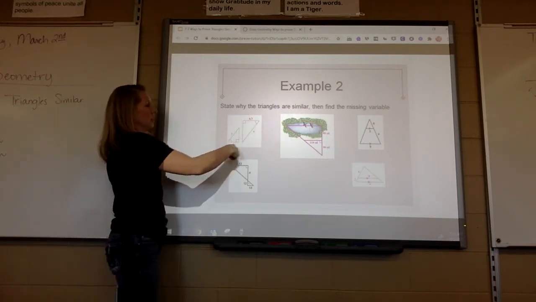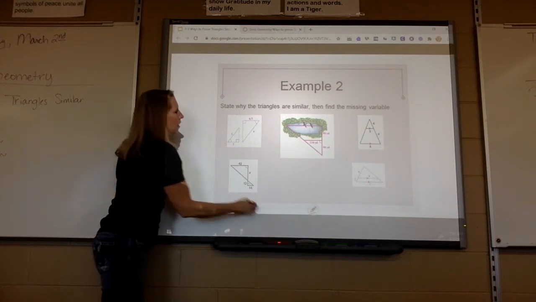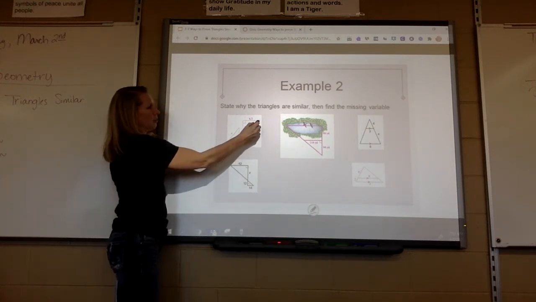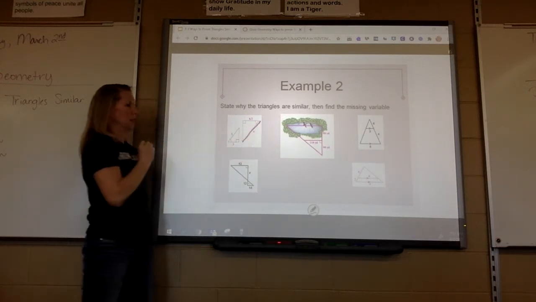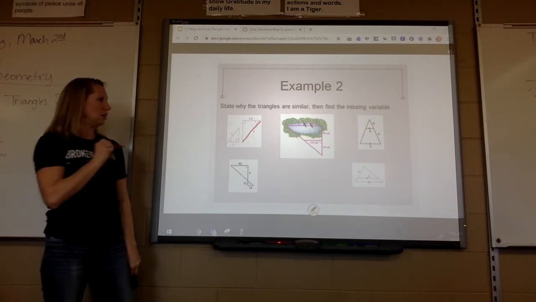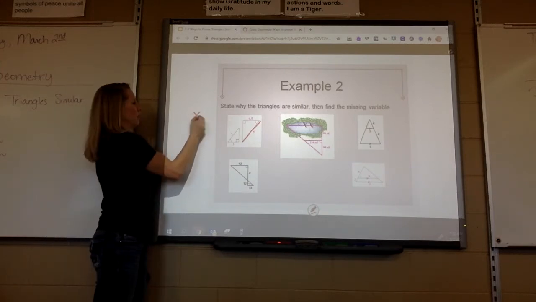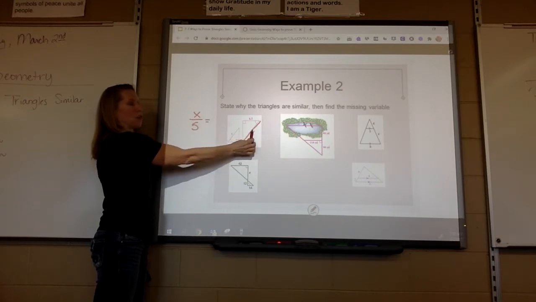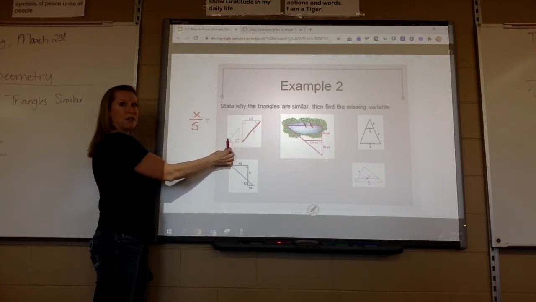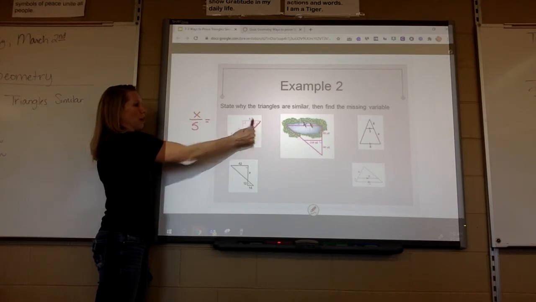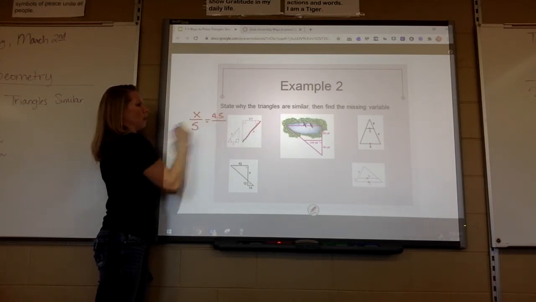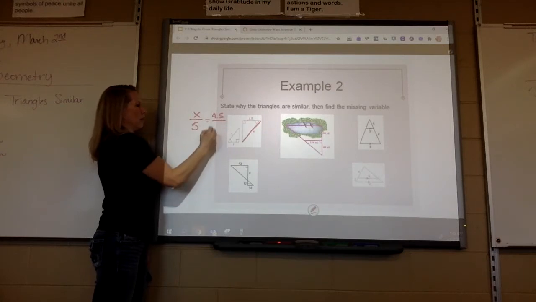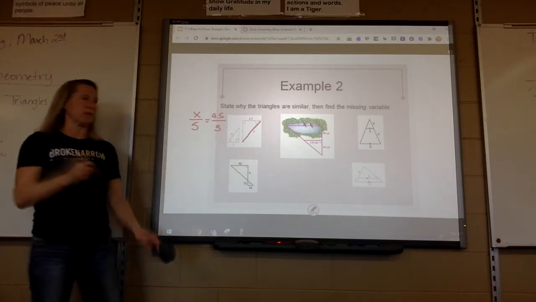If I look at this example right here, and I want to find x, what does x correspond with on the other triangle? 5. So I would do x over 5 equals, and since I went from the triangle on the right to the triangle on the left, I have to go from the triangle on the right again, 4.5 over 3. Then you cross multiply and solve.